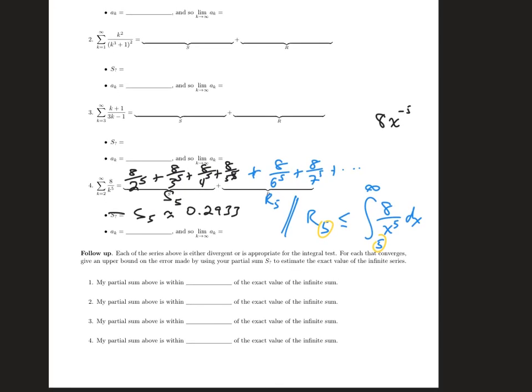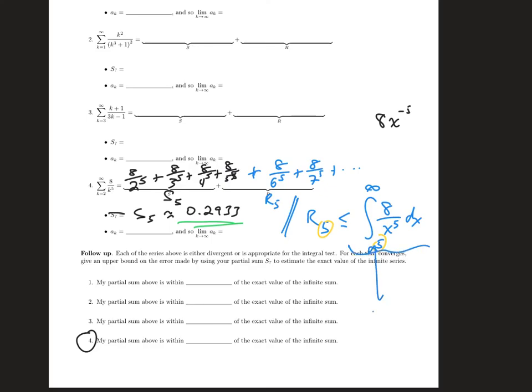So what I get when I do that is that this partial sum that I got, this number that I got from just adding up the terms up to 8 over 5 to the 5, is within, let's see what I get, I got 0.0032 as the value of this.